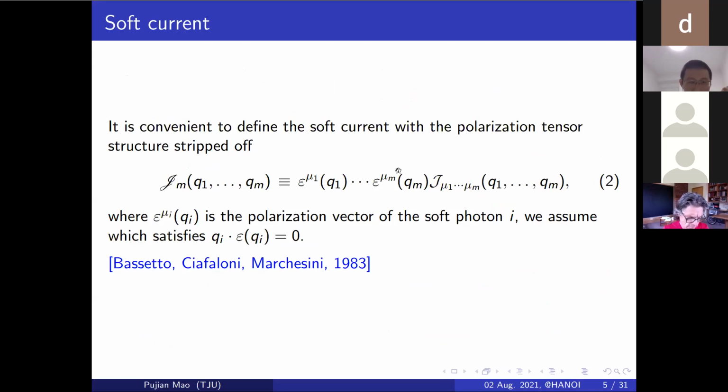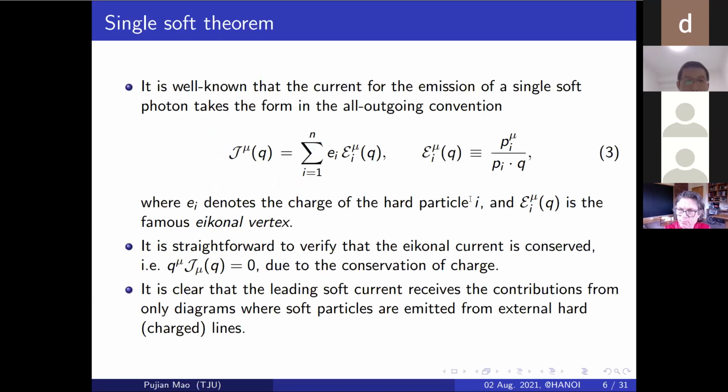Then it's very convenient to define a soft current. Basically, you take out the polarization vectors to define this soft current. Of course, it's very well known that when you only have one soft photon, this soft current is the famous eikonal factor.